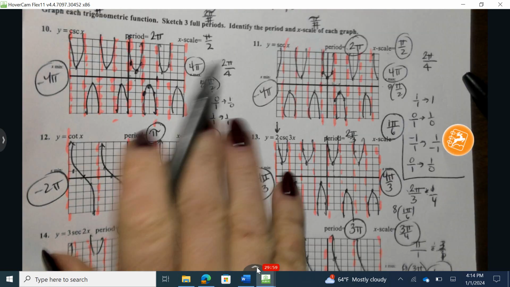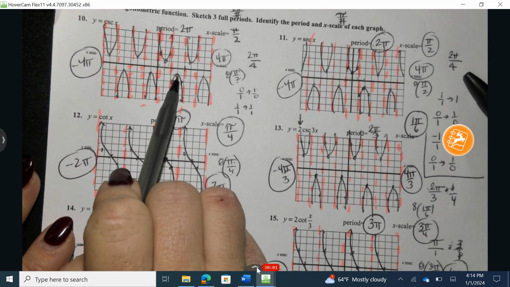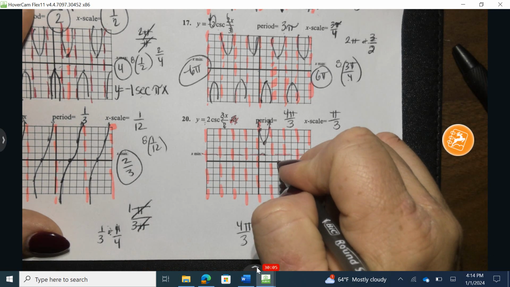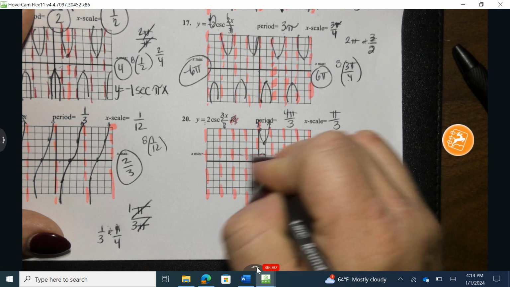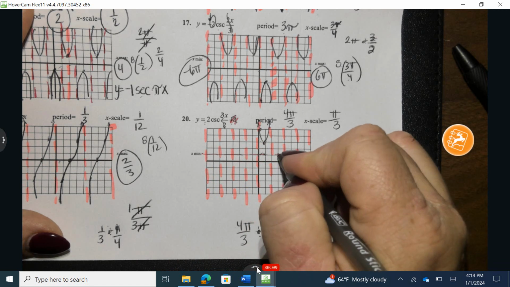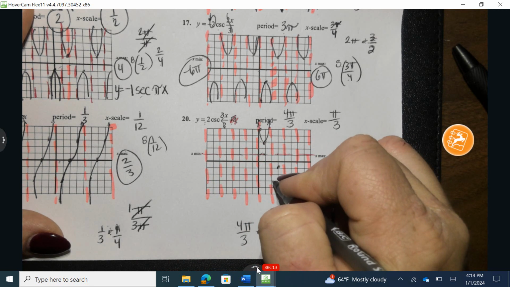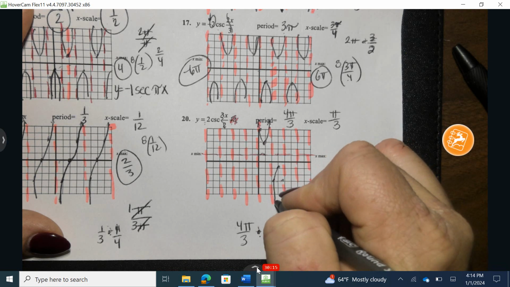Okay, now the same thing here. Next will be down, but instead of going down 1, I will be going down 2. So right here, going down 2. So this is my new midline, if you want to think of it. So I'm going to go down 2, and then 4 will be right here and right here.